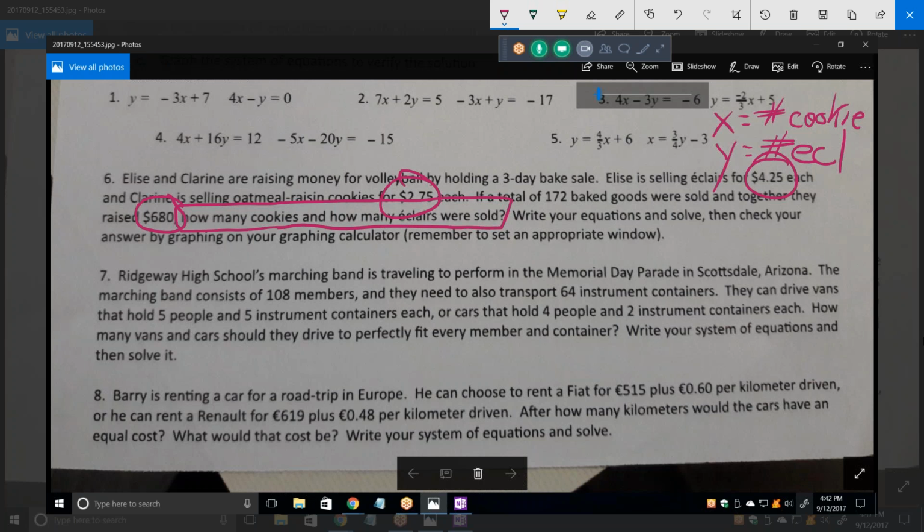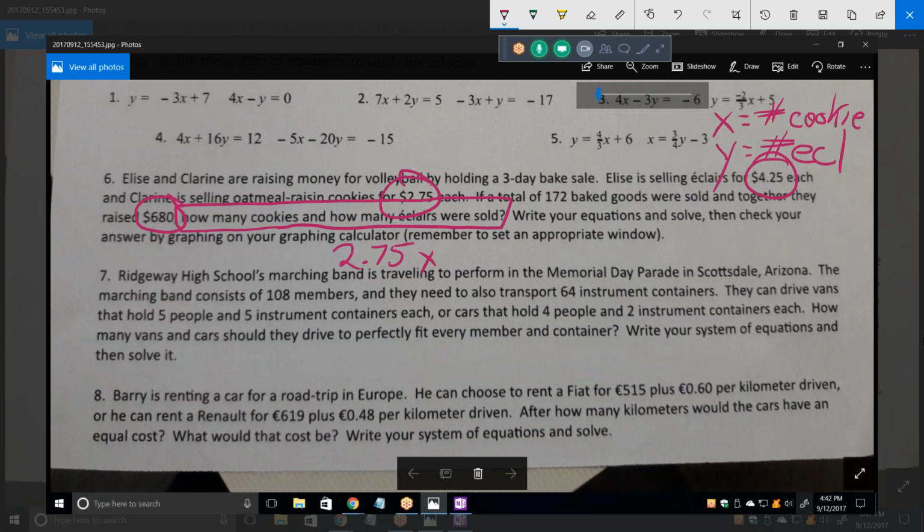Oh wait, just cookies. Cookies sell for $2.75 each, and I sold X of them. That's what I made from my cookie sales. Right? Okay. If I sold 10 cookies, I made $27.50.